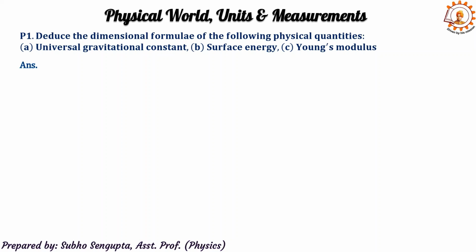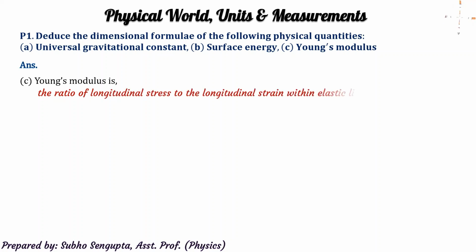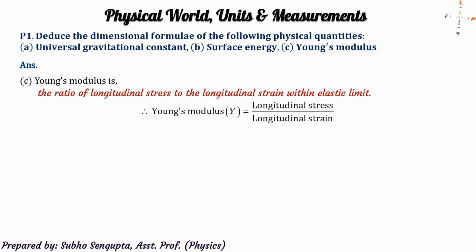In the final part of our first problem, we need to find the dimensional formula of Young's modulus. What is Young's modulus? Within elastic limit, the ratio of longitudinal stress to the longitudinal strain is called the Young's modulus. So mathematically, Young's modulus is equal to longitudinal stress divided by longitudinal strain. Let us now know what is stress.